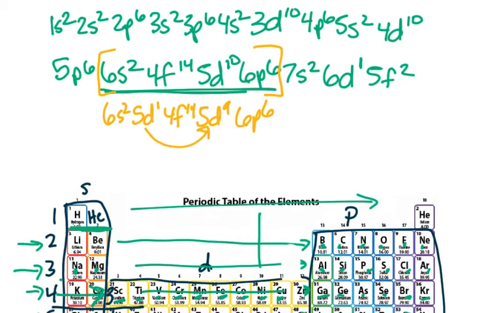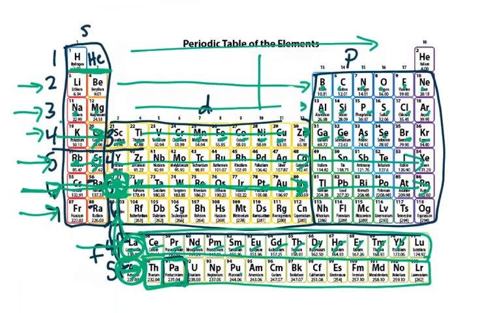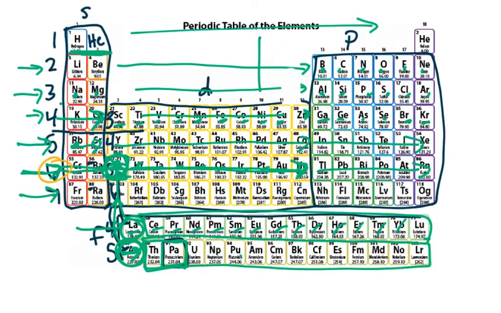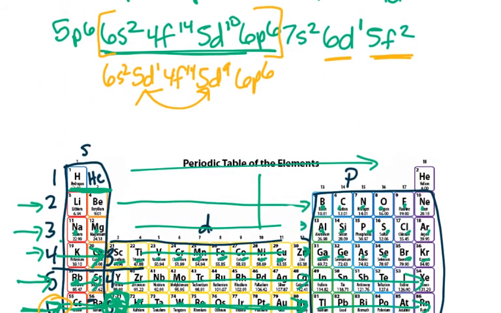We just added these two together since they're in the same energy level and the same orbital. So when you're going past it, you can lump it like that, but when you actually land in the f orbital, you can't forget to include that d1. It's either a 5d1 or a 6d1, depending on which energy level you're in, either here or here. When you're landing in the f orbital, either here or here. So that's really the hardest part of that.